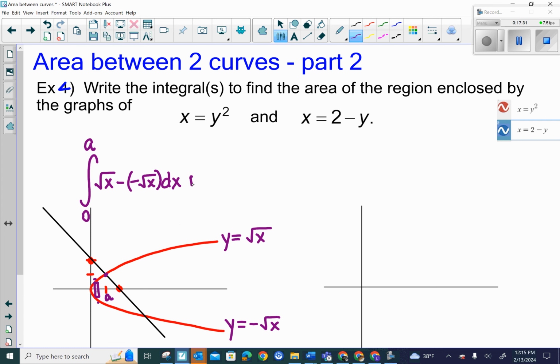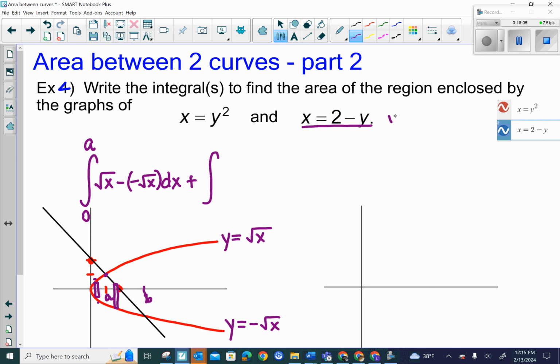But then I have to add on another integral. This one will run from A to B. Call that B. And I draw my rectangle in there. That rectangle will be the upper curve, 2 minus y, excuse me, I have to solve for y.